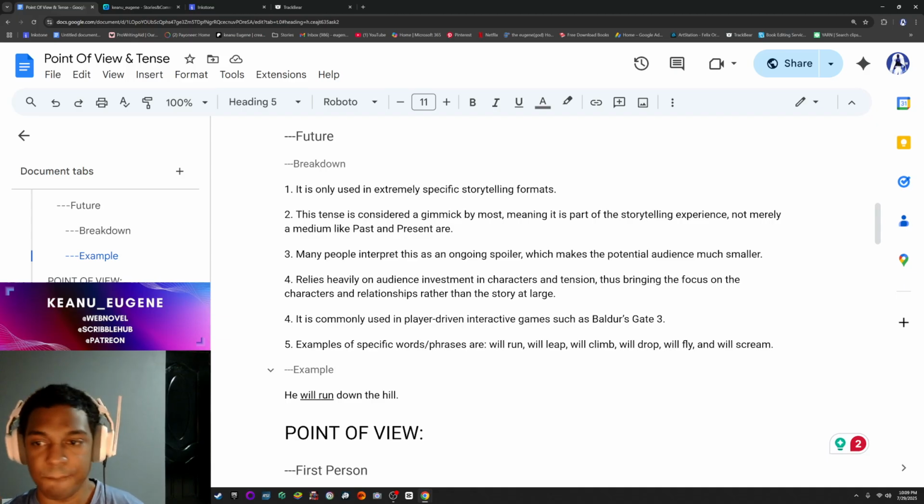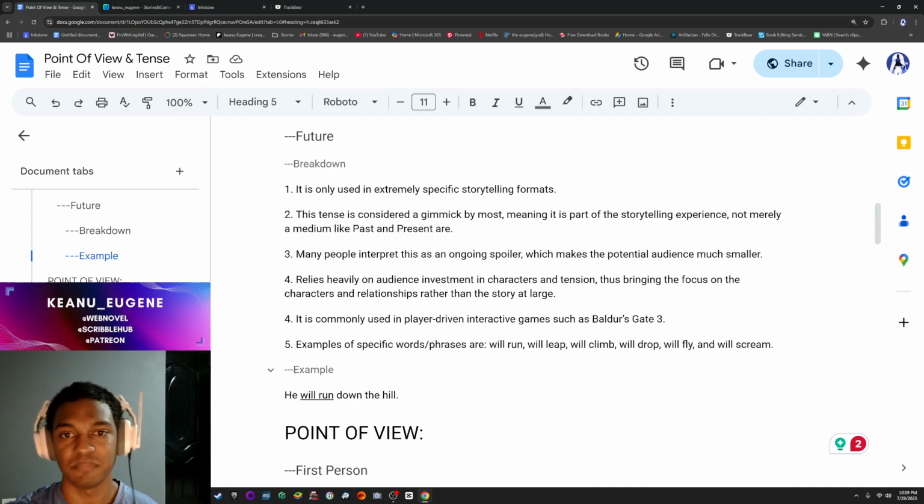It is part of the experience, but not merely a medium like past or present are. The difference is a medium is there for the whole story. The medium for sound is air. The gimmick is a loud explosion, which is a loud vibration of air, right? You don't want the gimmick there all the time, but the medium has to be there all the time for the gimmick to appear sometimes. Okay?